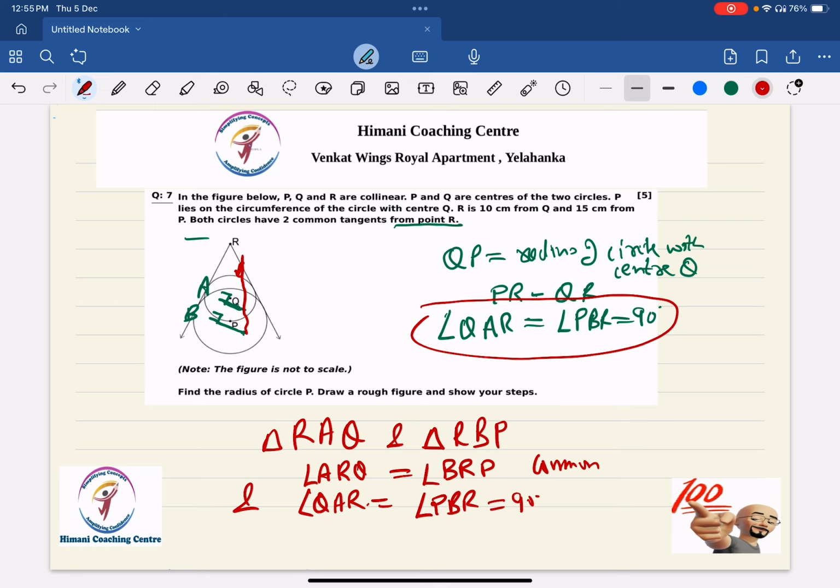So triangle RAQ is similar to triangle RBP by the AA theorem.